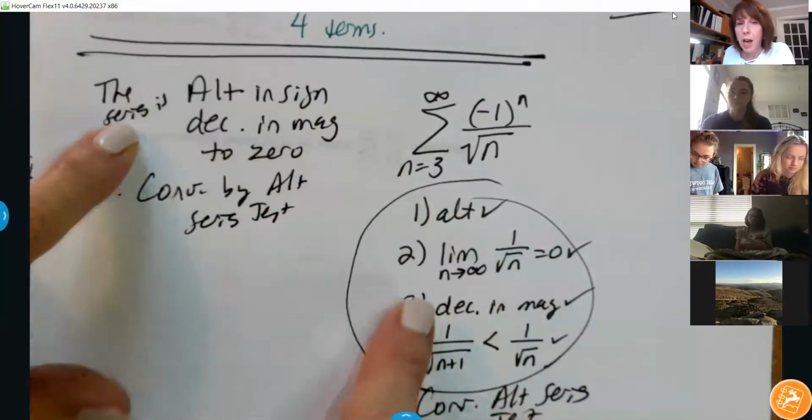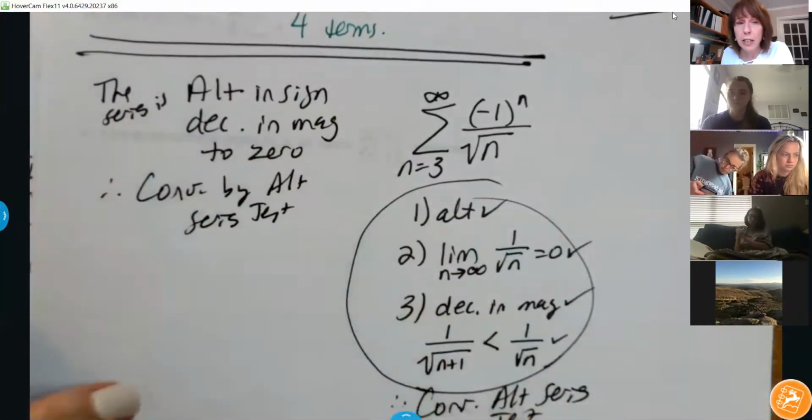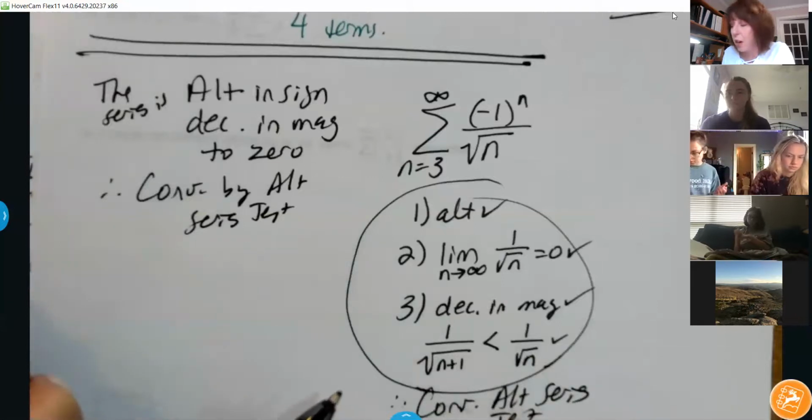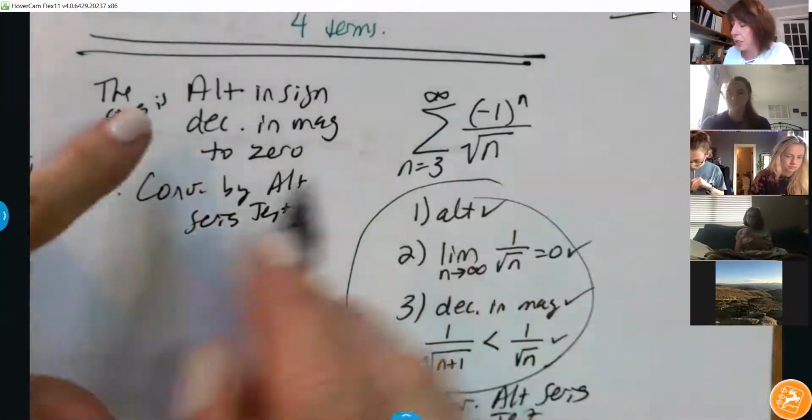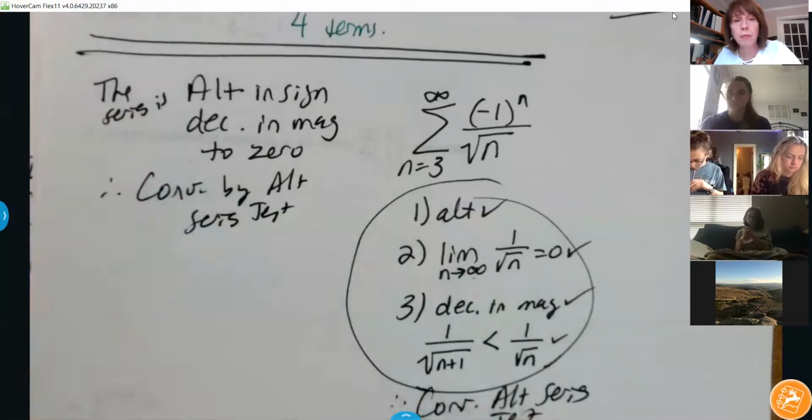Okay, I don't care which way you say it. They're identical to me. So if you're using the alternating series test, you can write it either way. Communication, remember, in this whole course, you can communicate things differently than what I do in my notes. As long as it has the same meaning and you cover all your bases, it's really okay.